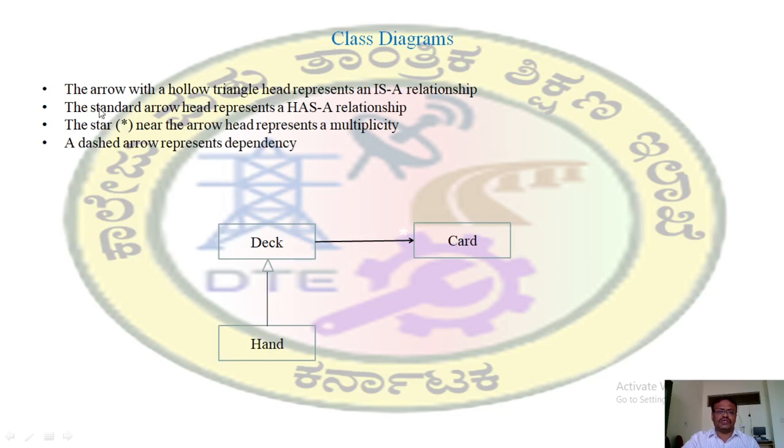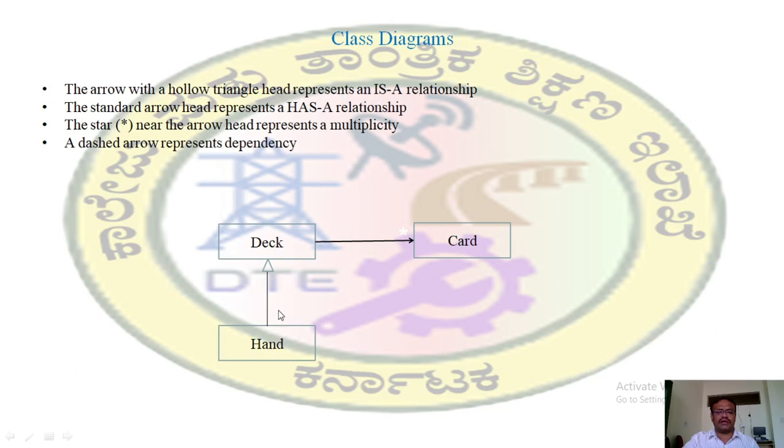The arrow with a hollow triangle head represents the is a relationship, and the standard arrowhead represents the has a relationship, right?